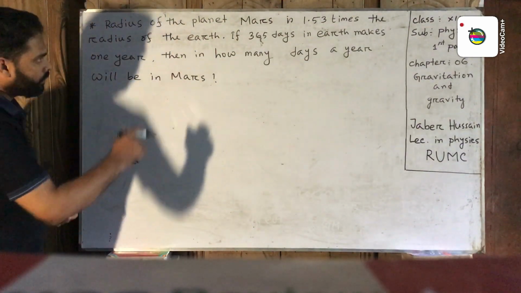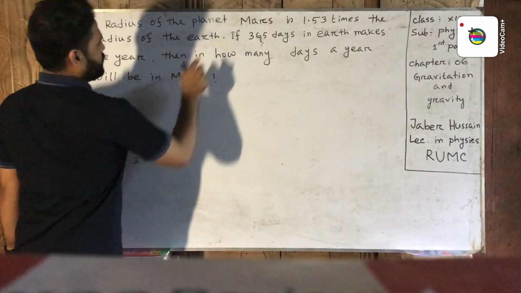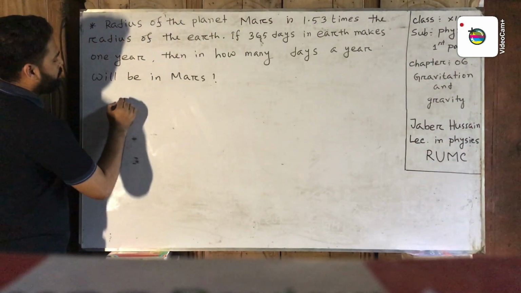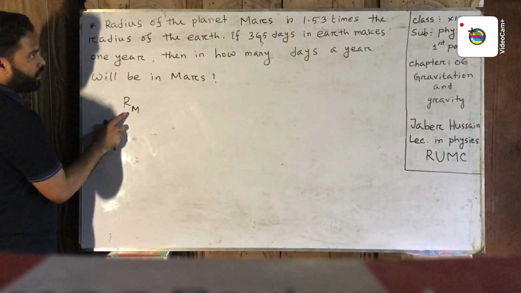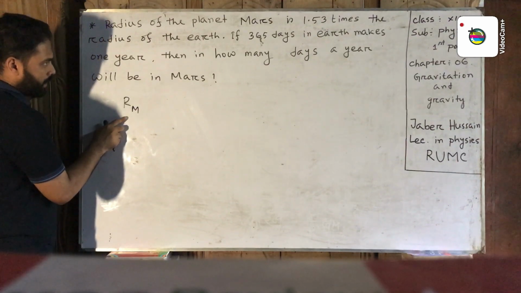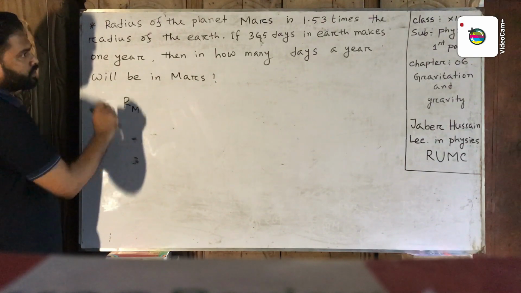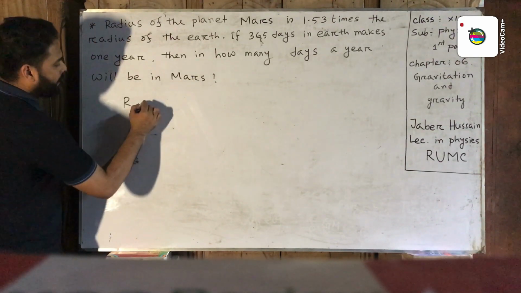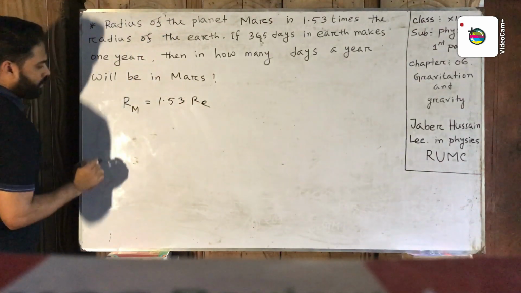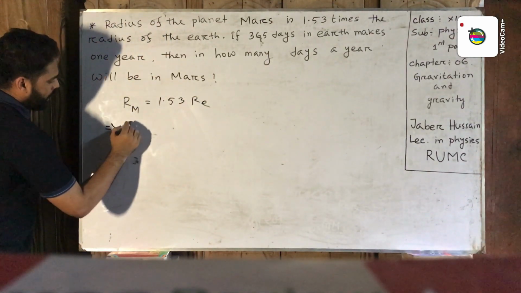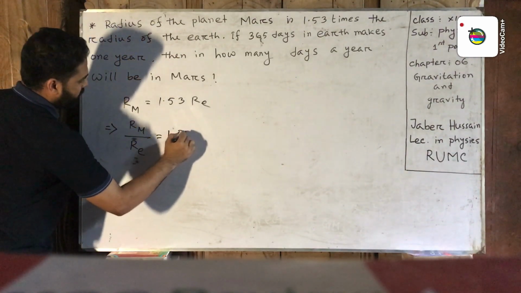Now, let us consider the radius of the Mars planet will be Rm and the radius of the Earth will be Re. So the condition of the question: Rm equals 1.53 Re. Then Rm divided by Re equals 1.53.